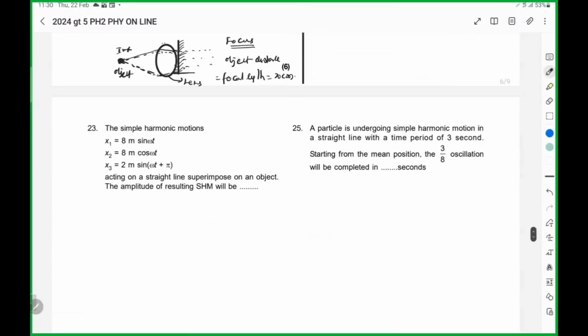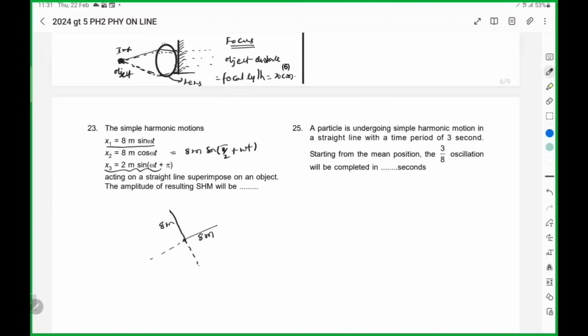Here, in the simple harmonic motion, displacement equation, he gave 8 sine omega t. So that oscillates about mean position like this. And another one, this is 8 sine pi by 2 plus omega t. You can consider another particle displacement like this. Another is omega t plus pi. Here maximum displacement is 8, here 8.